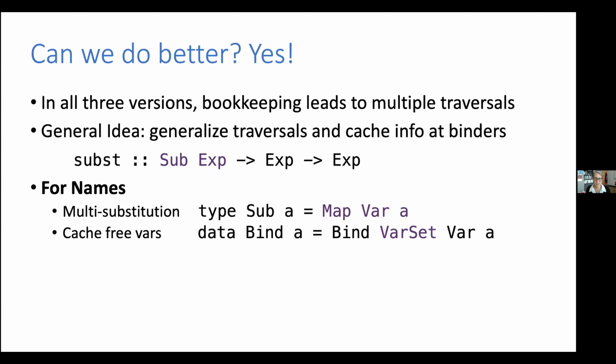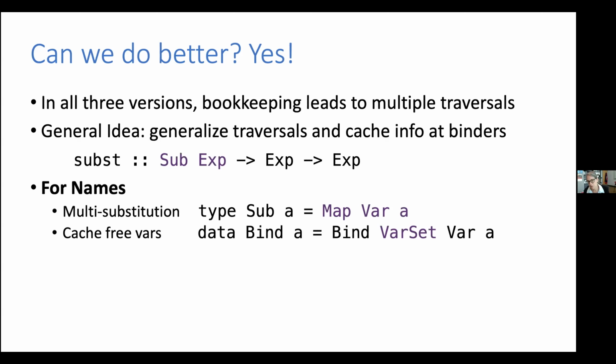Just for the named implementation, instead of whenever we do a substitution, substituting for a single variable, let's substitute for a bunch of variables at once. If we do that, that means that when we have to rename to avoid capture while we're doing capture avoiding substitution, we don't have to do two traversals. We can do that renaming and the original substitution all at the same time.